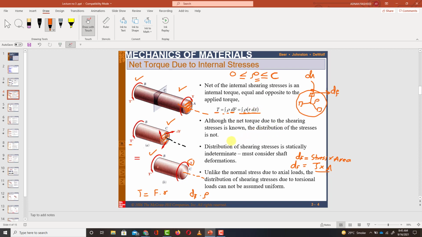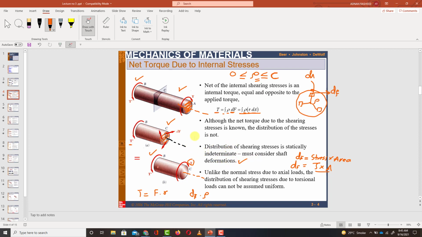Now the distribution of shear stresses is statically indeterminate, and we must consider shaft deformation. So only by using these external torques we cannot solve this problem. You will see at the end of this lecture there is a slide about statically indeterminate shafts, where we have to consider the deformation as well.